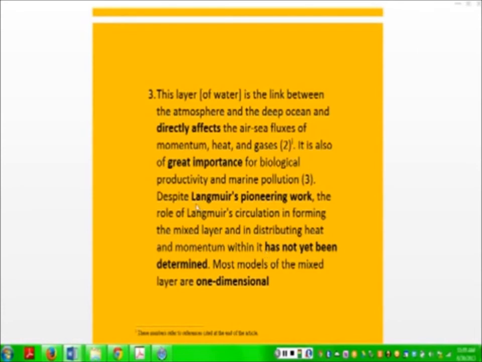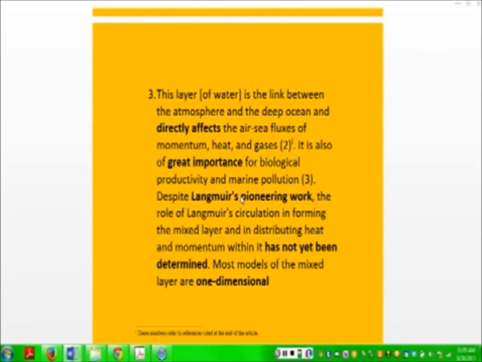Now, let's go back for a second to this prepositional phrase at the beginning, despite Langmuir's pioneering work. So we know despite probably indicates that something is negative, but Langmuir's work is not necessarily negative, but the role of Langmuir's circulation in forming the mixed layer and in distributing heat and momentum has not yet been determined.